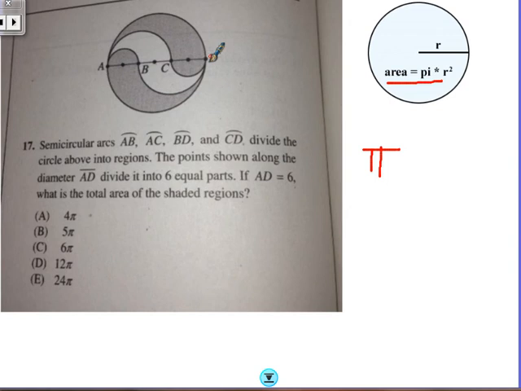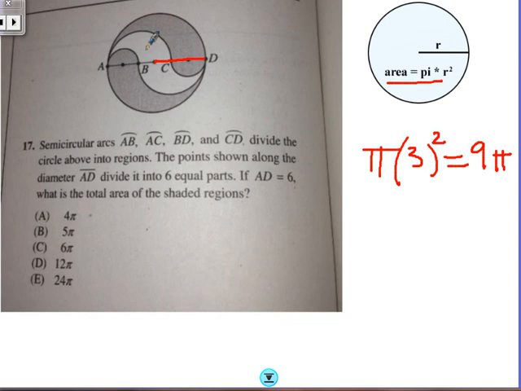Equidistant means the same distance. So the radius of the overall circle here is 1, 2, 3. So now we know we're dealing with pi times 3 squared. So the overall area of the entire circle is 9 pi.